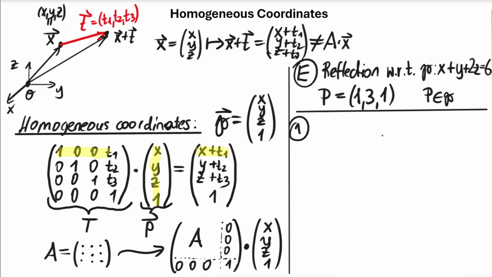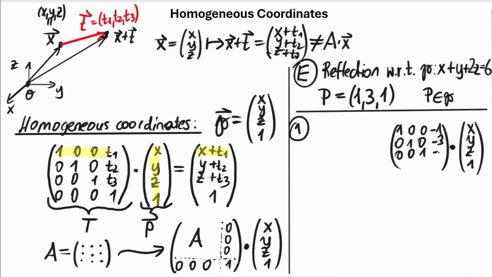And this is done with the translation matrix that shifts all points by the vector -1, -3, -1. And it looks like that. So probably I write here the homogeneous coordinates, and then we have this matrix which has now this form: 1, 0, 0, -1, 0, 1, 0, -3, 0, 0, 1, -1, 0, 0, 0, 1.